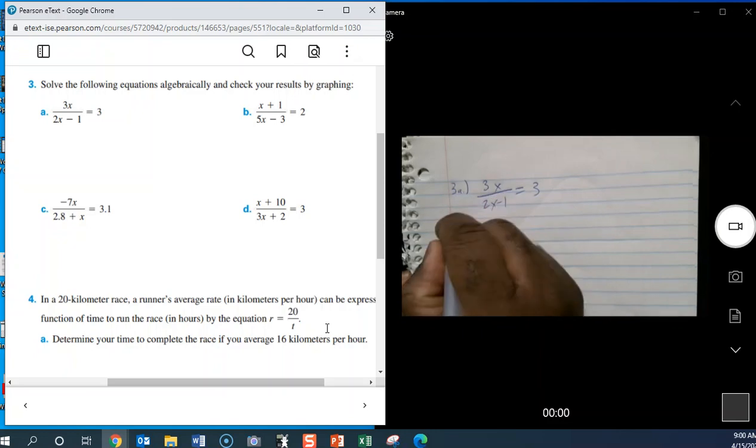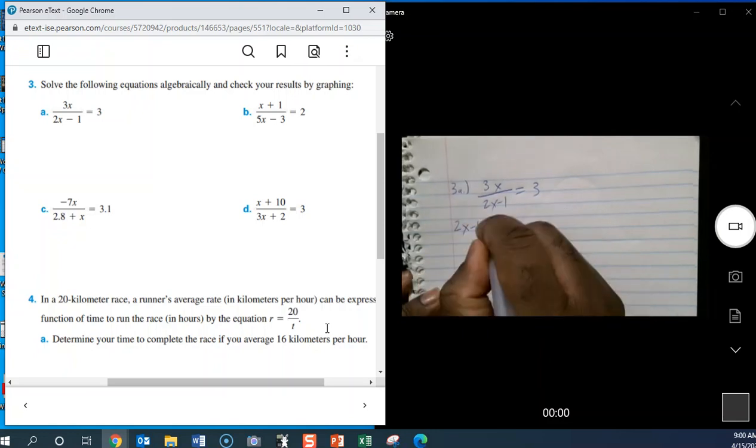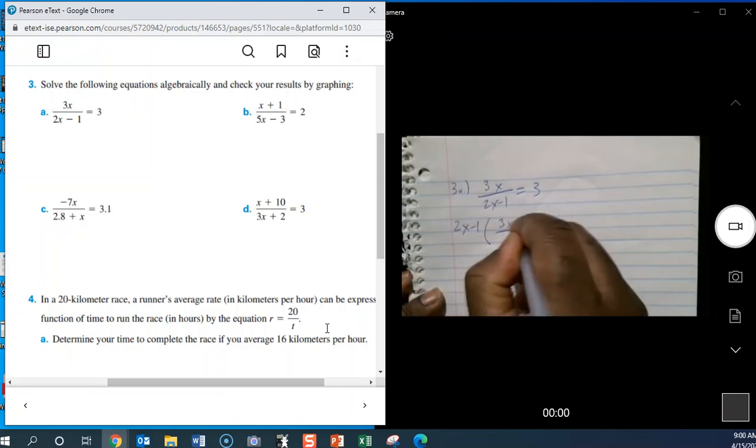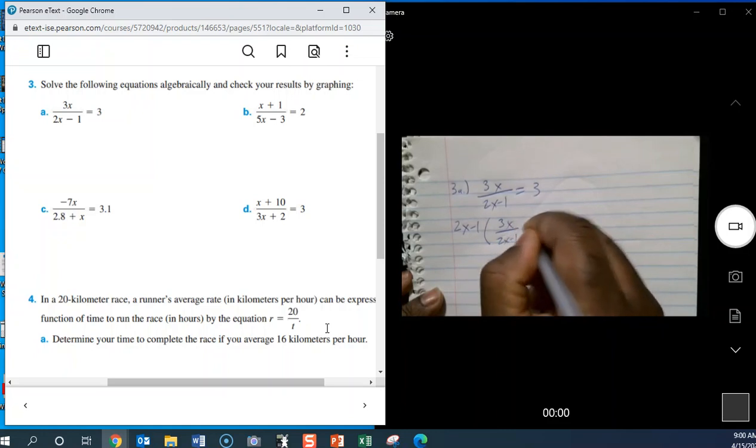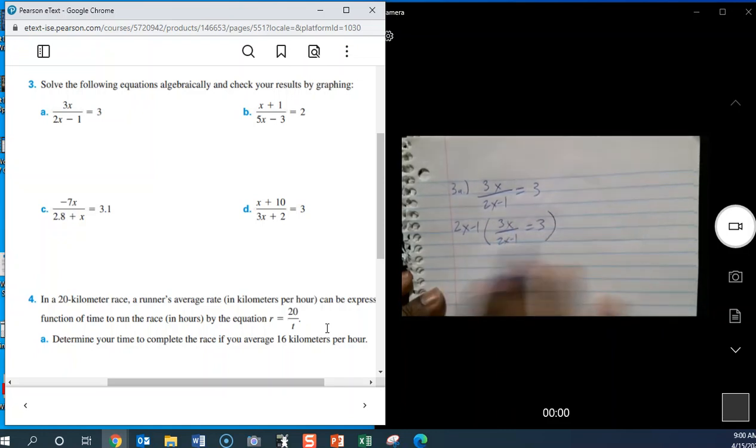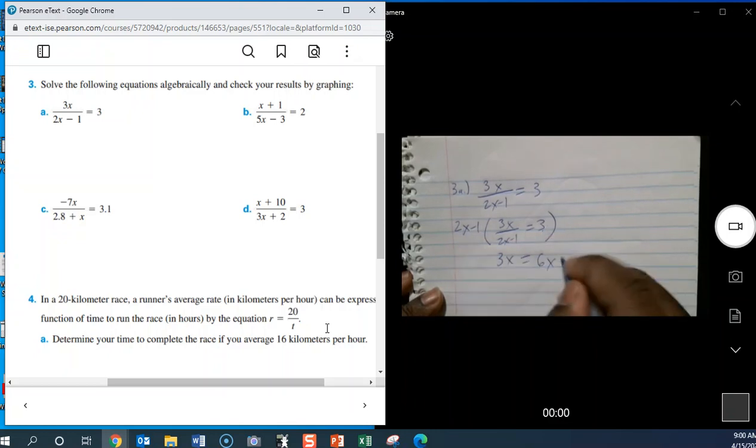So we can multiply each side by the 2x minus 1, putting everything in parentheses. The 2x minus 1s will simplify out and leave you 3x. Then we take 3 times 2x is 6x, and 3 times minus 1 is minus 3.